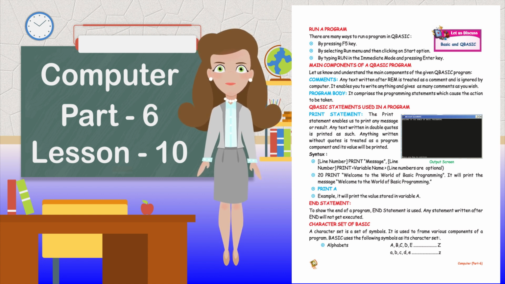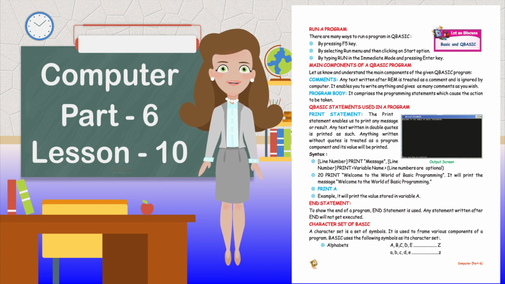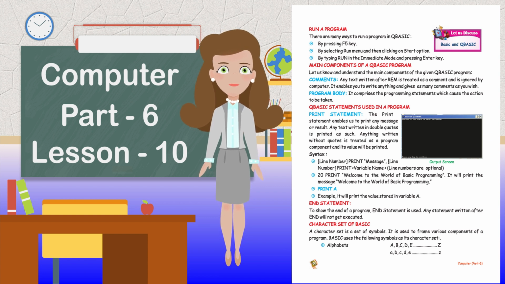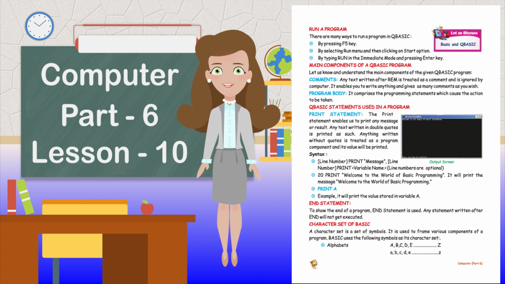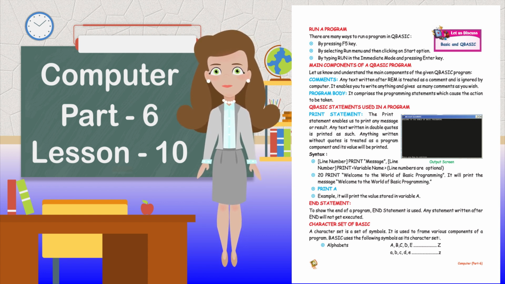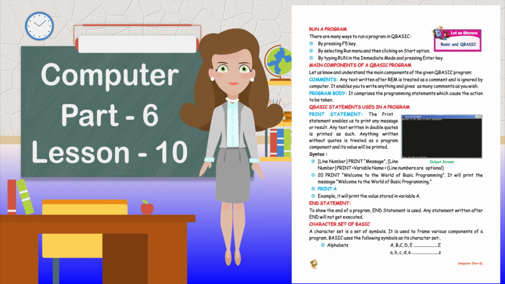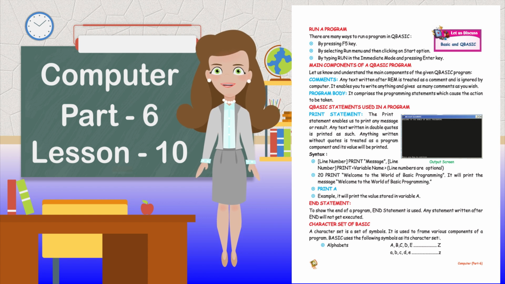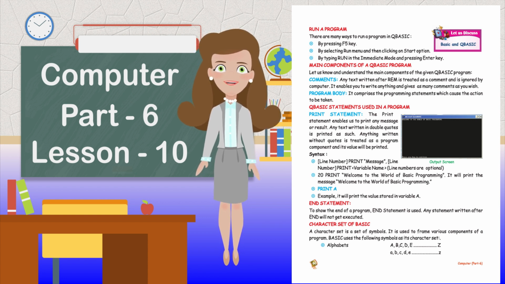Example: 20 PRINT "Welcome to the world of BASIC programming" will print the message Welcome to the world of BASIC programming. PRINT A will print the value stored in variable A. END statement. To show the end of a program, the END statement is used. Any statement written after END will not get executed.